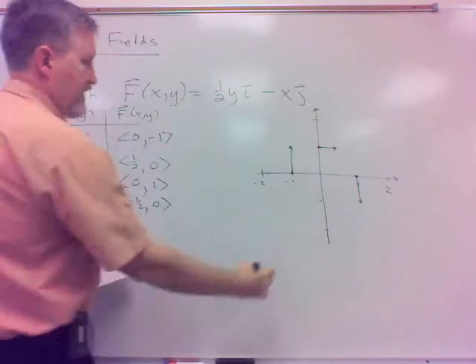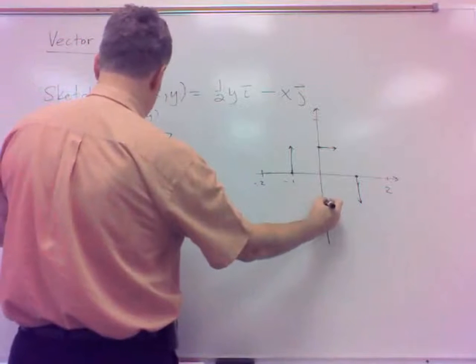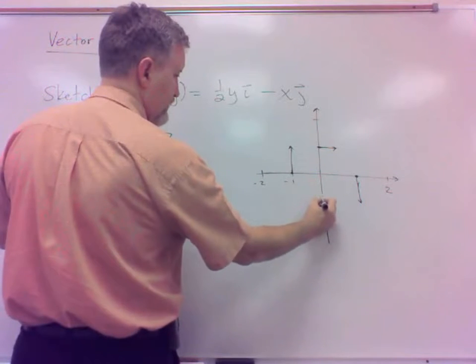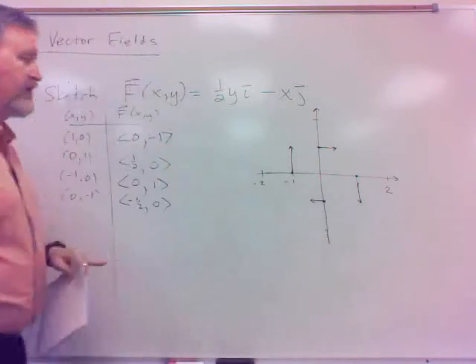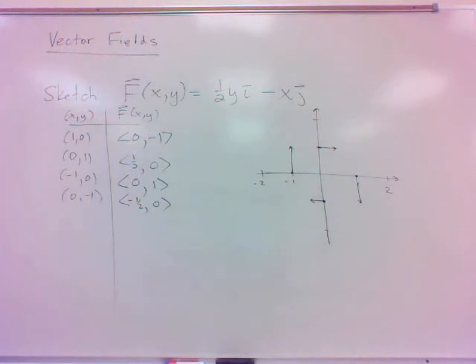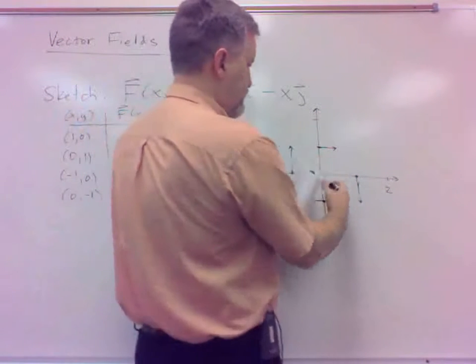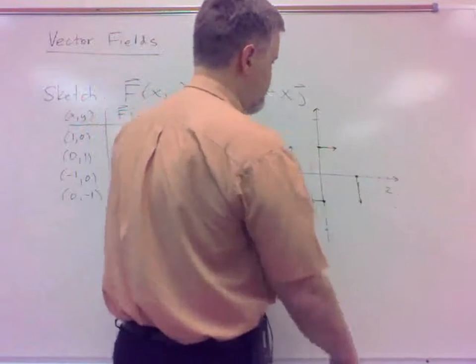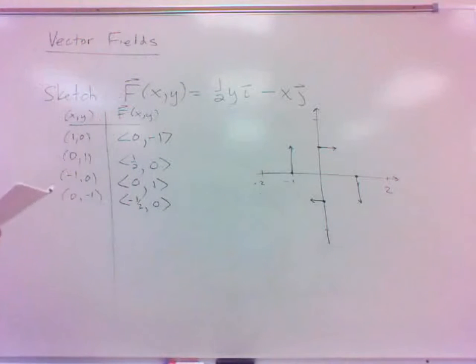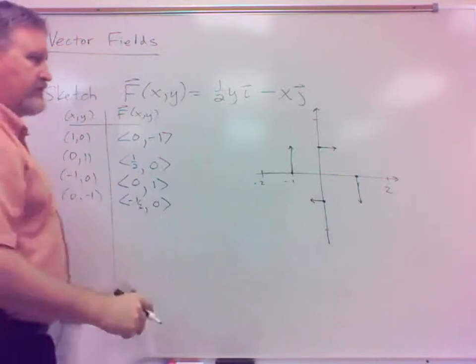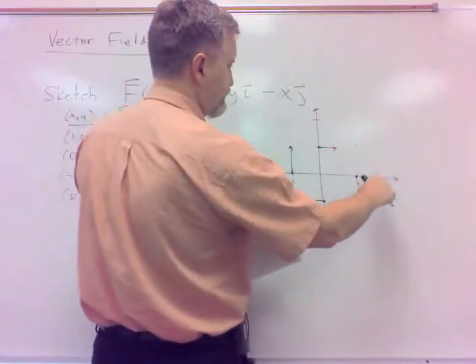And then at 0, negative 1, we are at negative 1/2, 0, so that would be back like that. Okay? And so you just kind of want to spread out. I guess we could get some in here, but let's work on some just kind of going out.